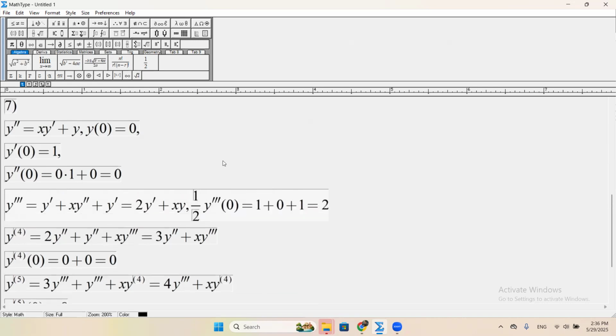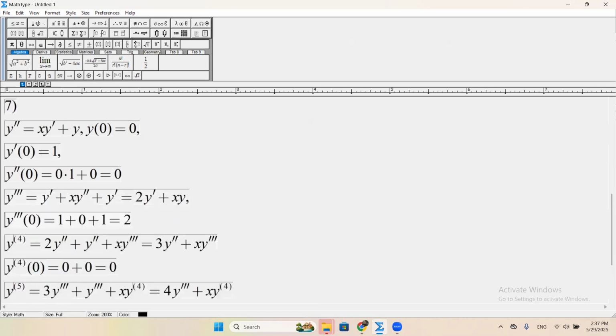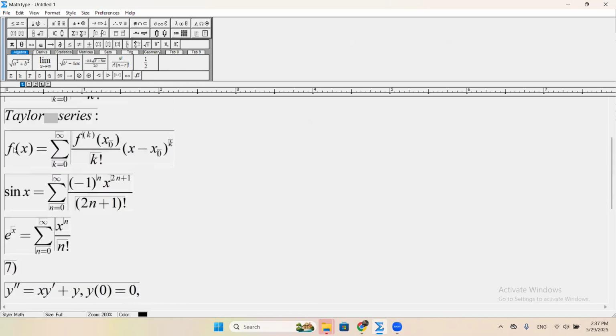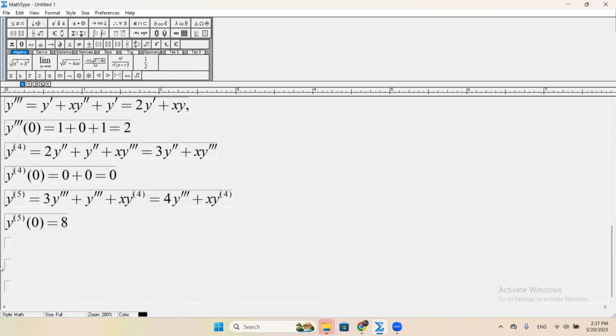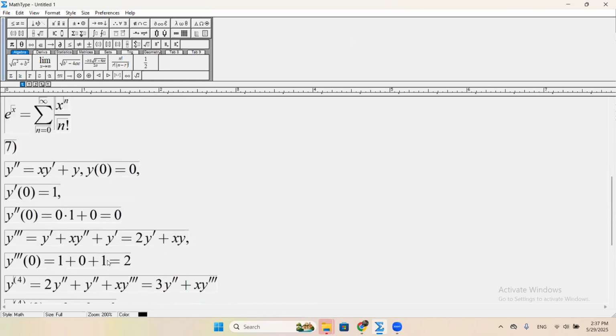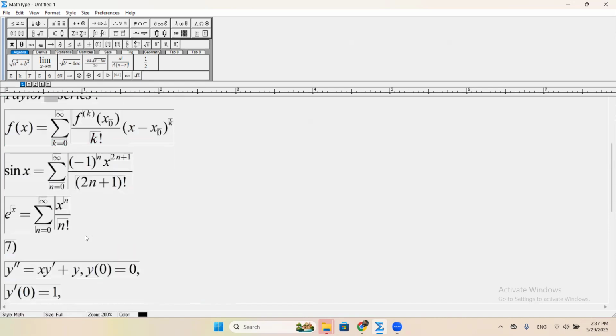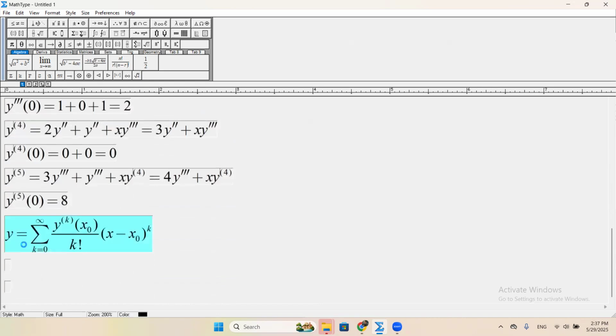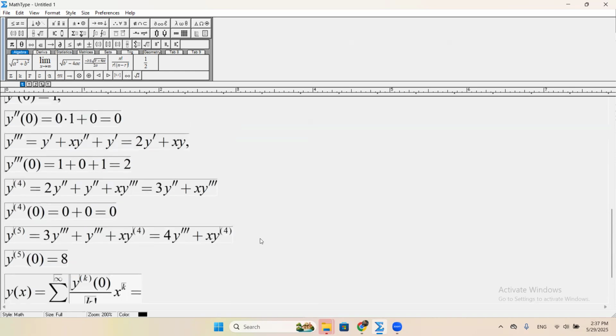Okay, so let me write it down like this, replacing f with y, and writing down these terms.